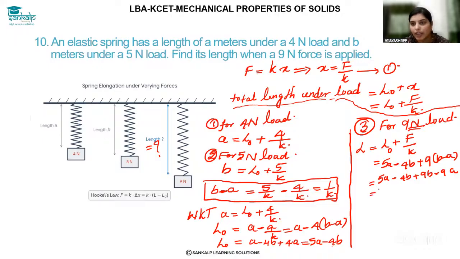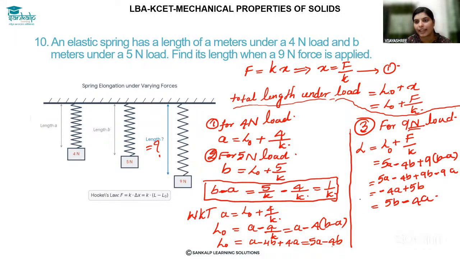Combining like terms: 5A minus 9A is minus 4A, and minus 4B plus 9B is plus 5B, which is equal to 5B minus 4A.